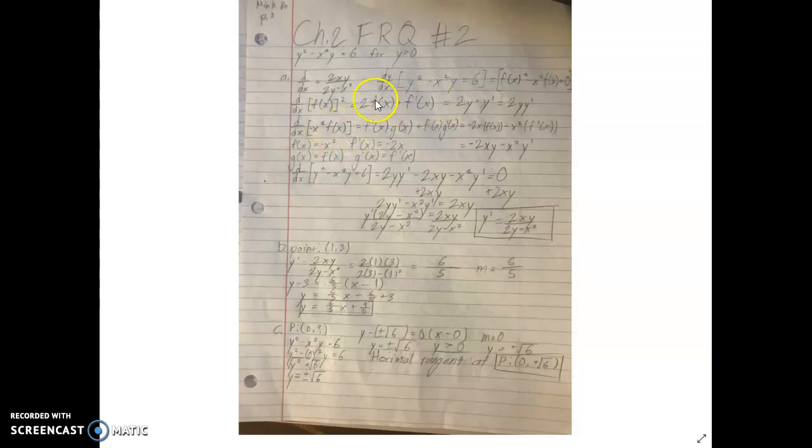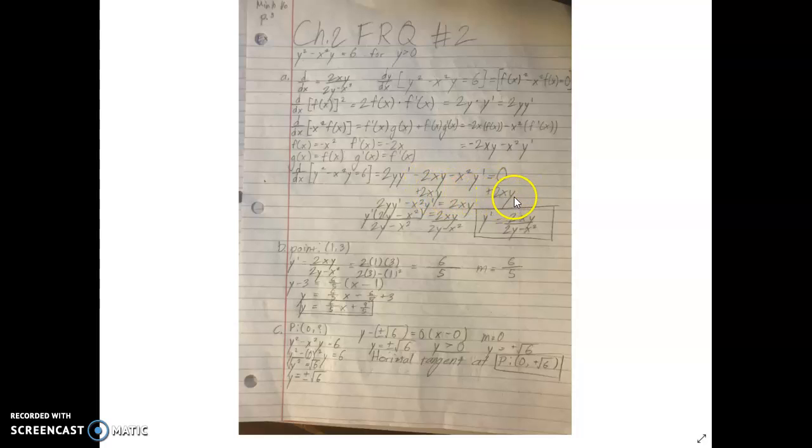So I applied the chain rule to the first portion to get 2y y prime, and I used the product rule for the other portion, and I got my final product as negative 2xy minus x squared y prime. And so I combined them back together, and I moved over whichever of the portions didn't contain y prime to isolate it.